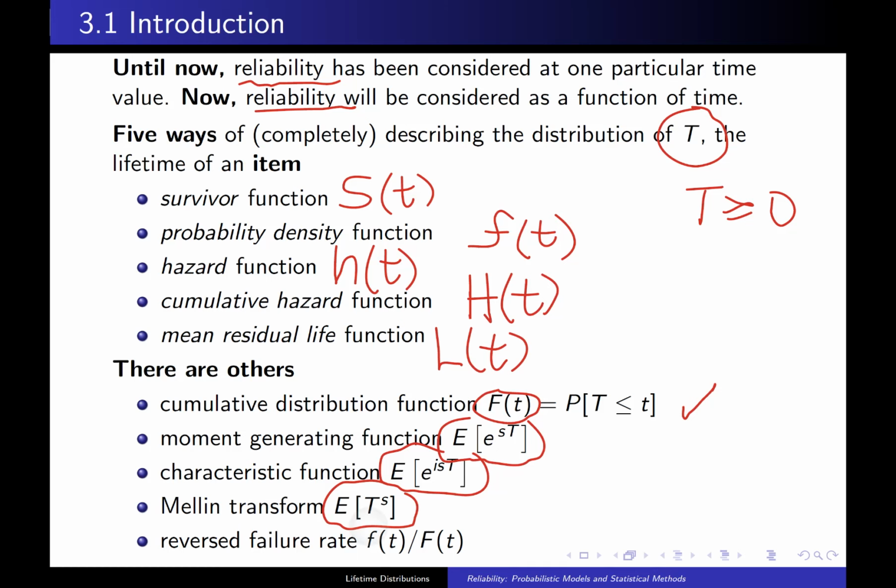There is the reversed failure rate, which is the density divided by the CDF, and it goes on and on. There's plenty of others. We have just chosen these 5 because they come up quite a bit in the literature, but the others are perfectly legitimate and certainly are covered in other reliability textbooks.